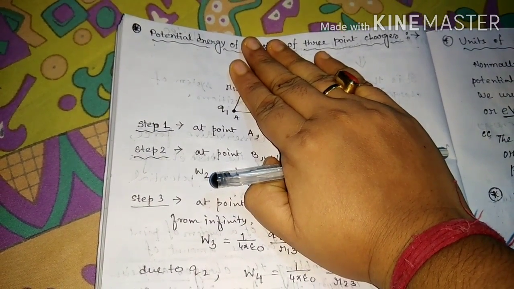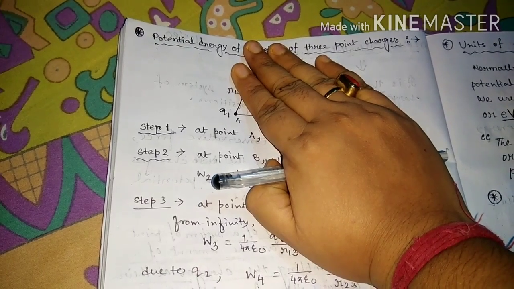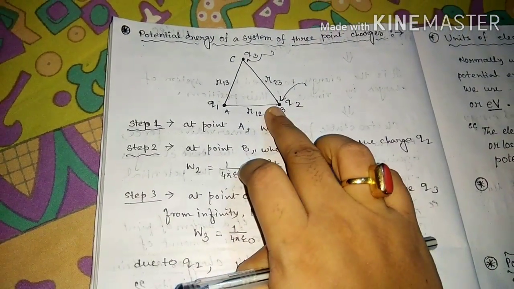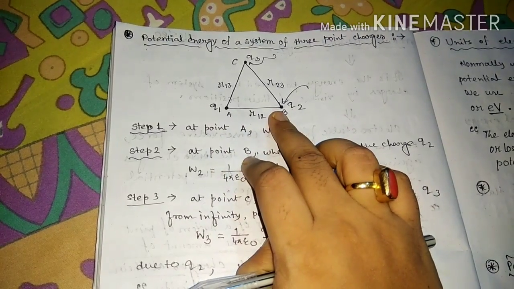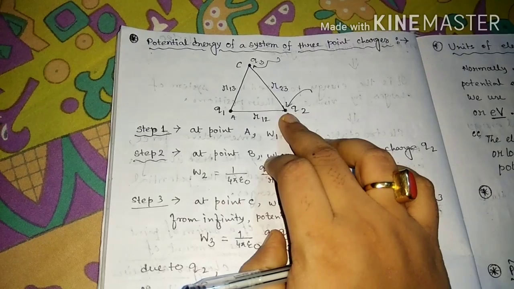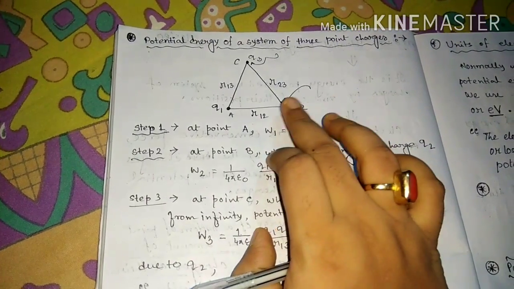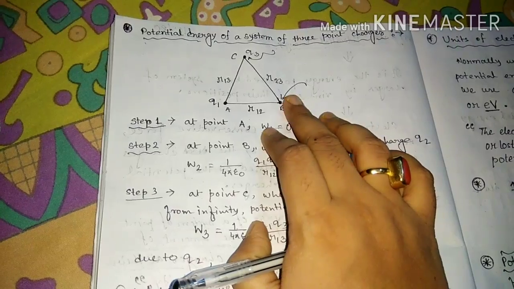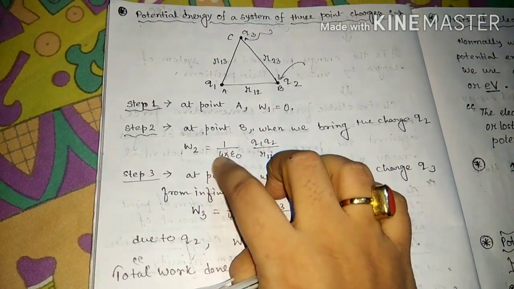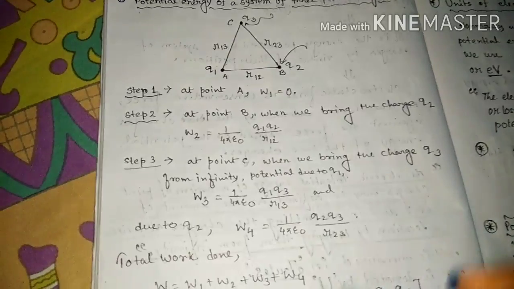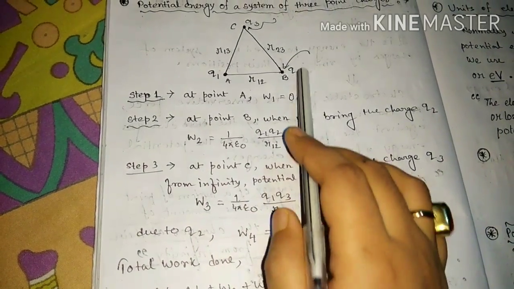When Q1 is at rest, no work has to be done, so W1 equals 0. Now at point B, which has a potential, if we bring another charge Q2 from infinity to point B, work has to be done, and that equals 1 by 4 pi epsilon naught Q1 Q2 by R12, which is the potential at point B.